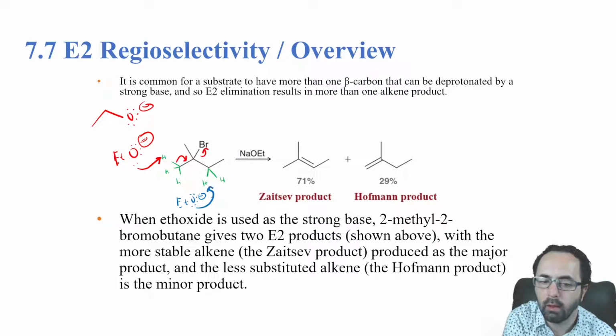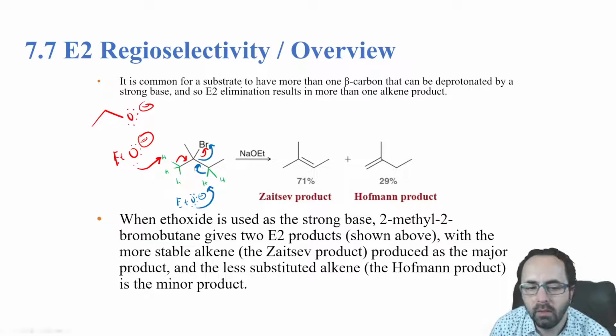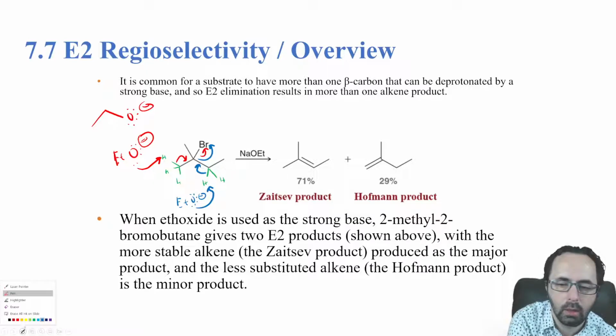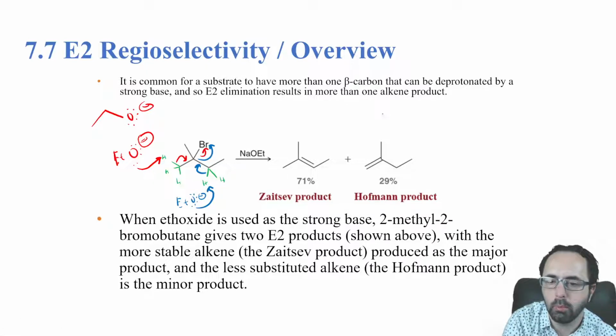So we make a bond to the hydrogen, leaving its lone pair behind, and then the bromide leaves simultaneously. So if we go through the red mechanism here, we're going to have the double bond here. The result, this red result right here, would be what's called the Hofmann product.